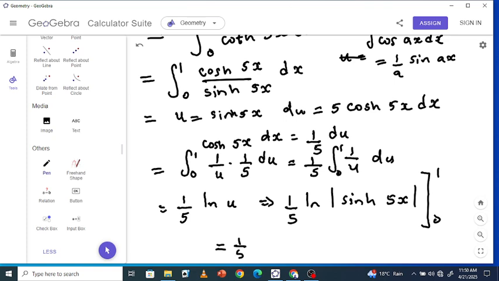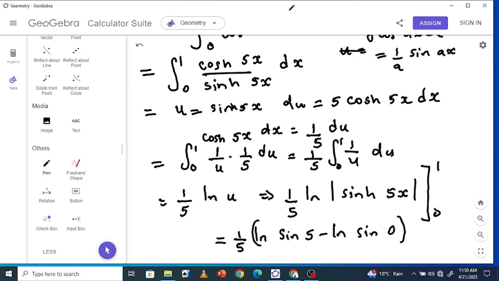That means we will have 1 over 5 ln of sinh 5 minus ln of sinh 0. And then you can simplify further than that.